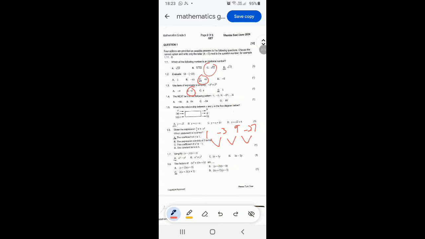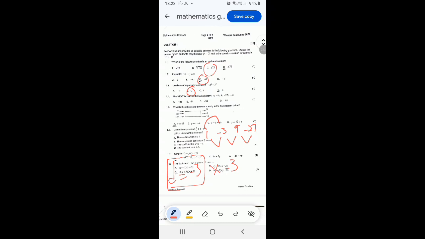Now this type of number pattern is called a geometric pattern. Now the difference, let's call it a ratio. A ratio is minus 3. So to get the next term, we multiply by that minus 3. So 1 times minus 3 is minus 3.